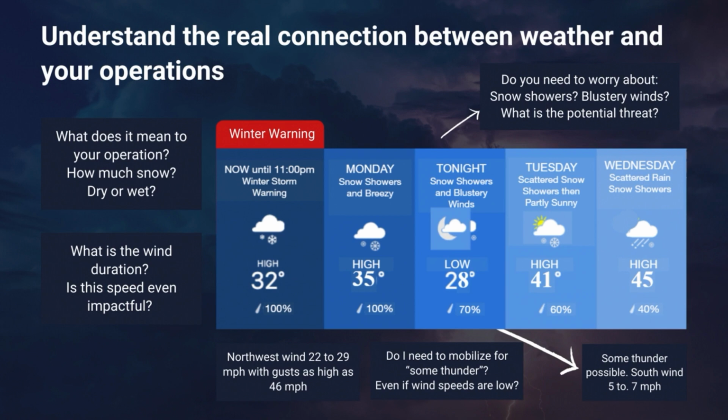But the further out you go, typically the more volatility there is in that forecast, and the less reliable it's going to be. So that Wednesday scattered rain and snow showers could happen as early as Tuesday, or may not happen until Friday. So I'm looking at it as good knowledge, but there's not a whole lot I can do with this from pulling a trigger.